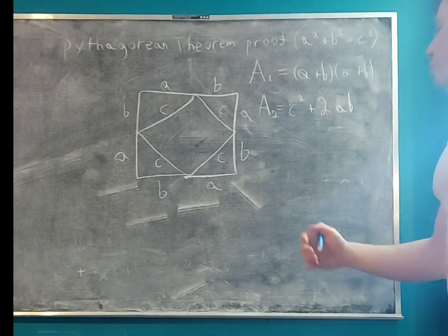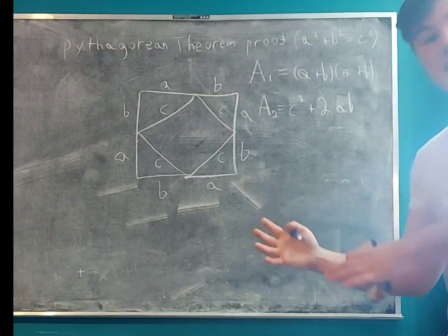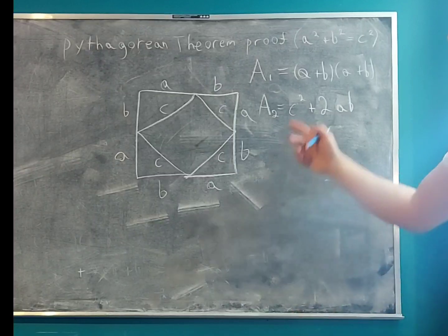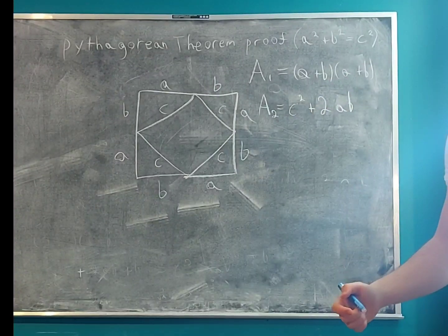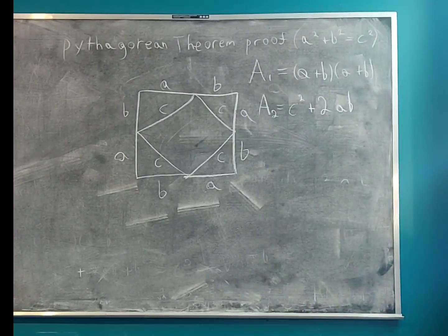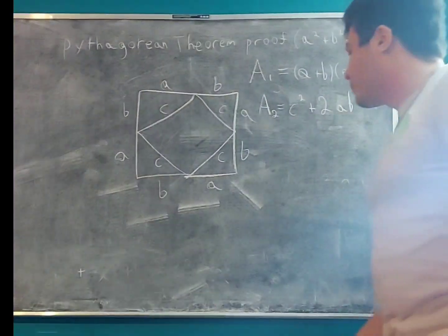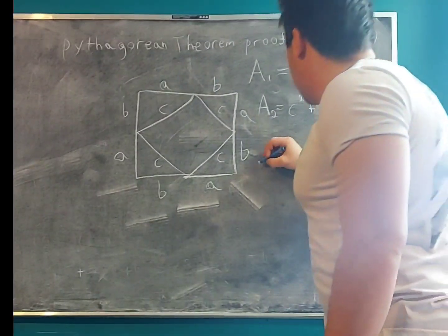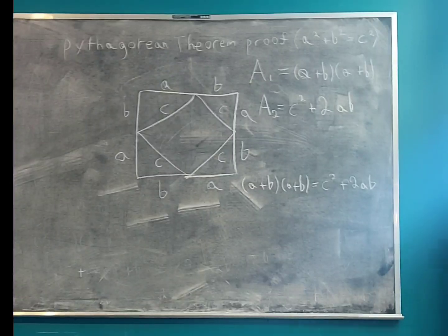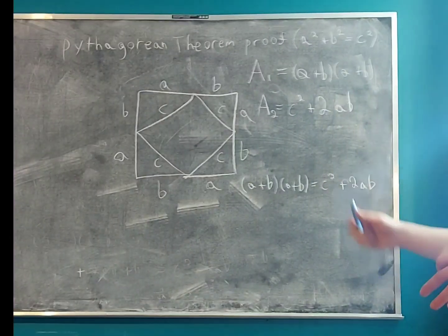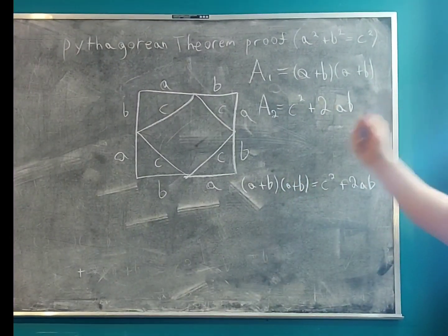If you were to have actual numbers for A, B, and C and plug them in here, we'd find that these two numbers would be the exact same. So we can just equate them to each other. So I'm going to do that. Okay, now the next thing that I'm going to do is FOIL the left side.